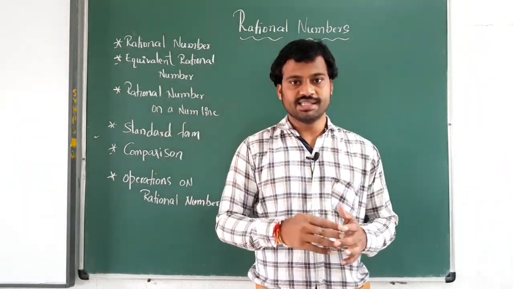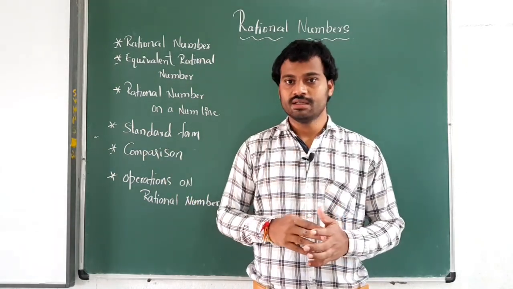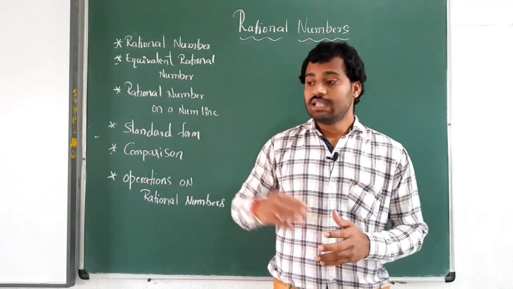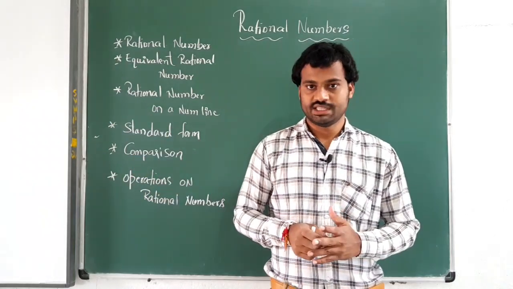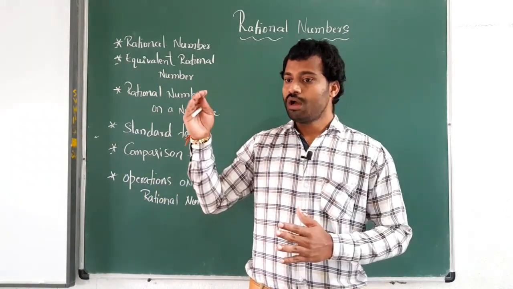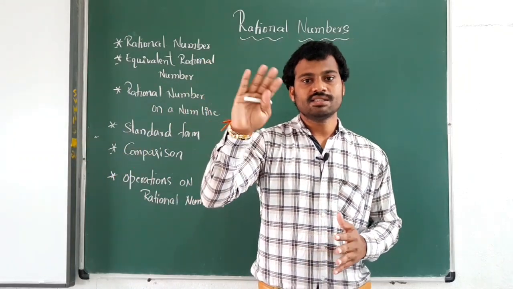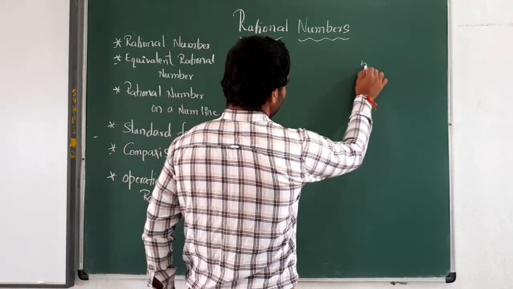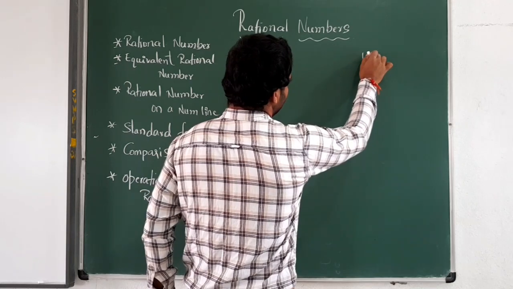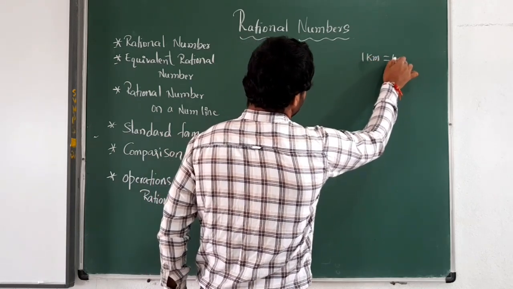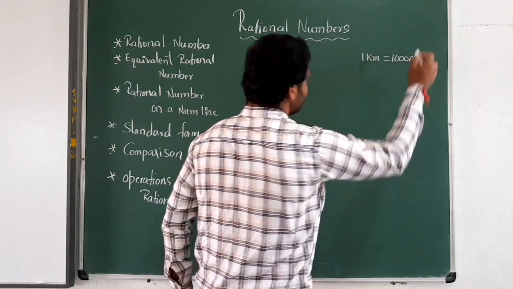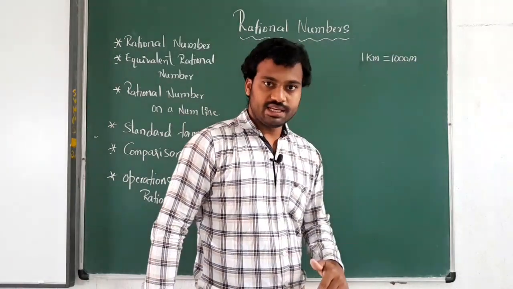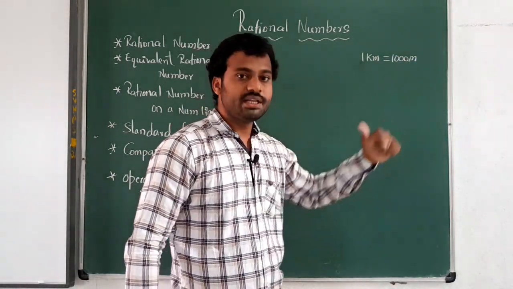If someone asks to represent the height of the tree in terms of kilometers, how do we represent 500 meters in kilometers? We already know 1 kilometer is equal to 1000 meters. Then what will 500 meters be?